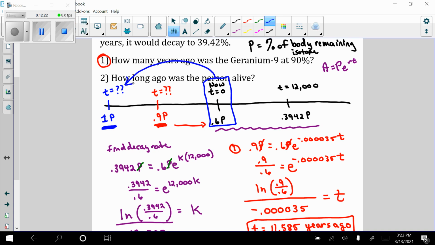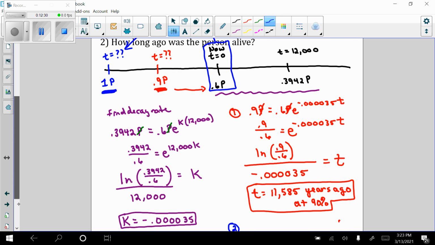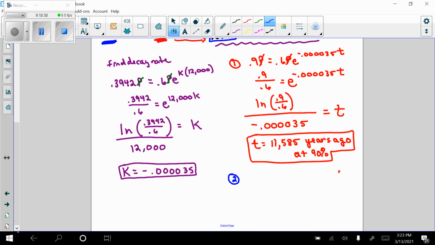And I'm going to go figure out how long ago it was in full tact. So I'm going to set my equation equal to the 1p. I'm going to use my ratio that it is now at 0.6p.